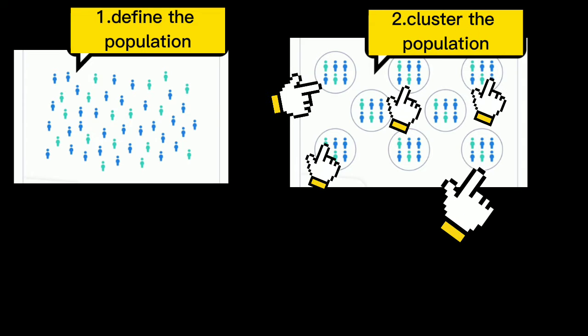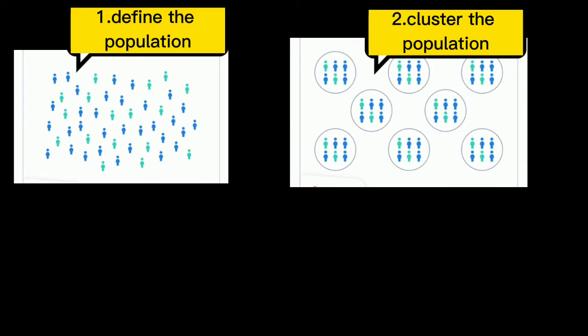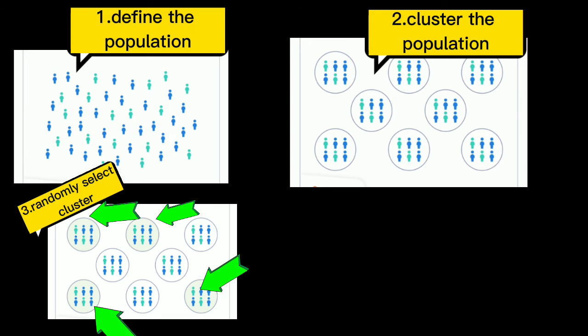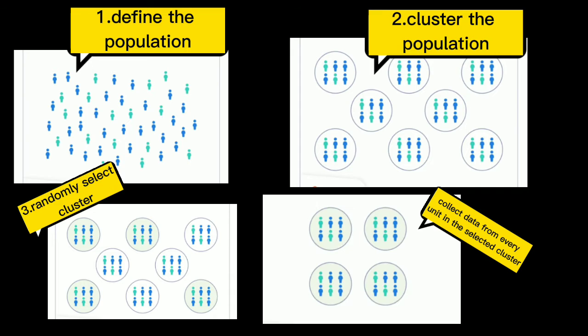There is no overlap because each student attends only one school. Then randomly select clusters to use as your sample. After that, you conduct your study and collect data from every unit in the selected clusters.